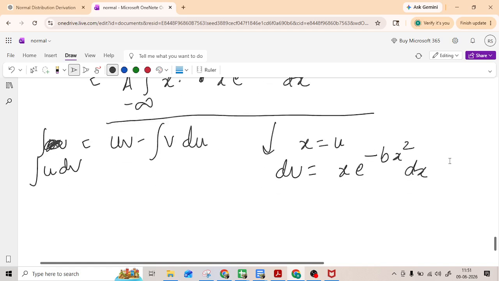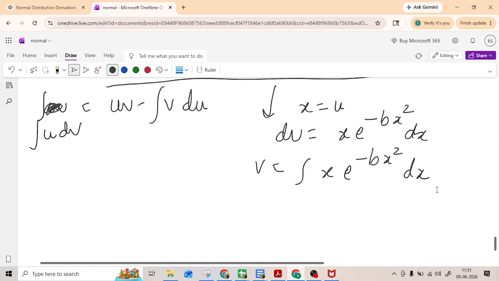If dv is equal to this, then v would be what? v would be the integration of x e raised to the power minus bx square dx. As you see, we can do a simple substitution. Let's assume bx square to be y, or let's say another variable called m, whatever. Let's call it m. Then if you assume bx square to be m, then dm would be 2bx dx, right? So this part x dx would be consumed by that.